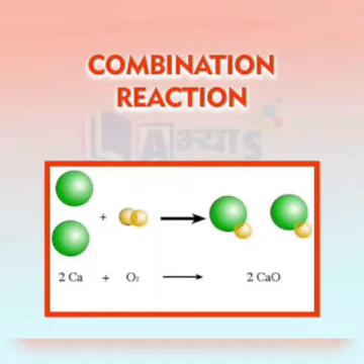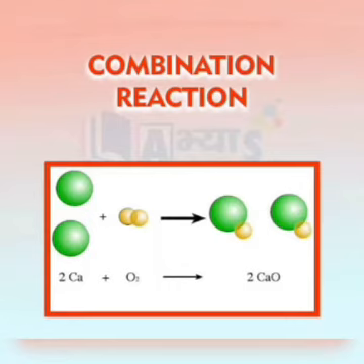So two reactants give one product, and there are three types of combination reaction. The first one is combination reaction between two elements, as I've said, hydrogen and oxygen forming water.